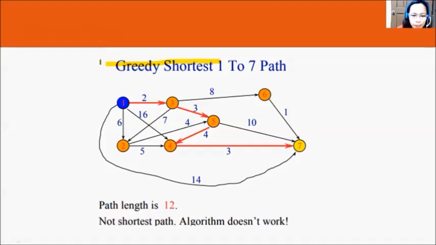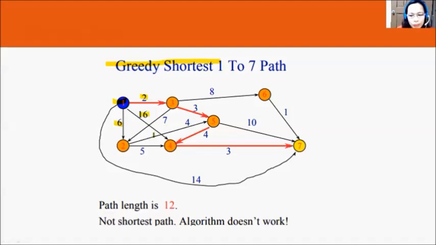So to select through the greedy algorithm, starting with vertex 1, I am going to look for the least value from vertex 1. Comparing the values from vertex 1, I have 3, I have 2, I have 16, and I have 6.